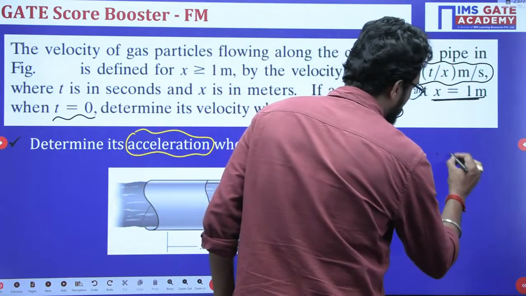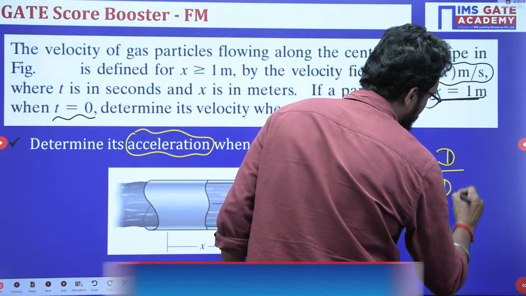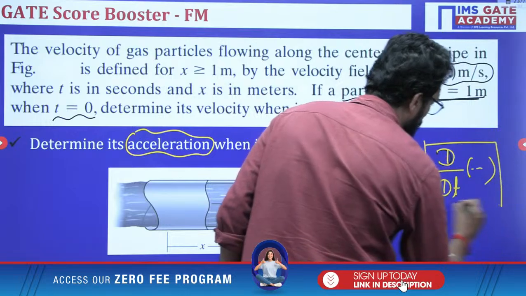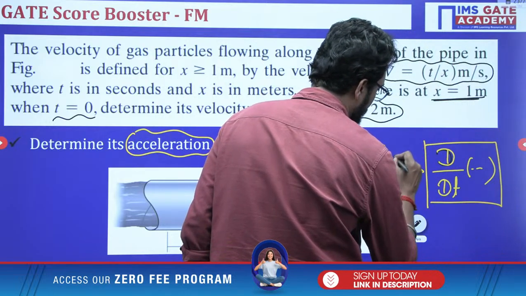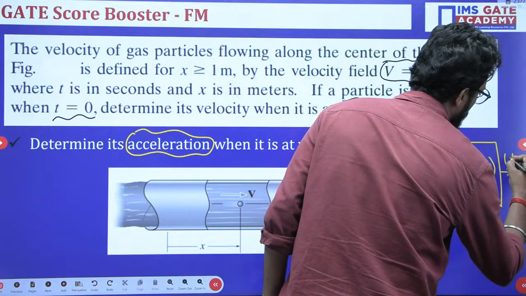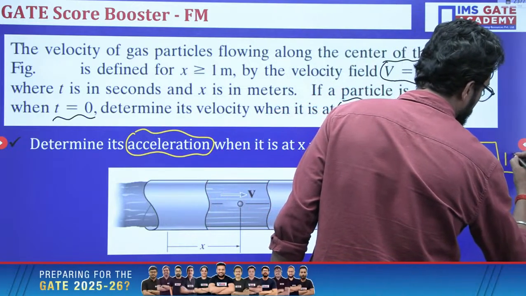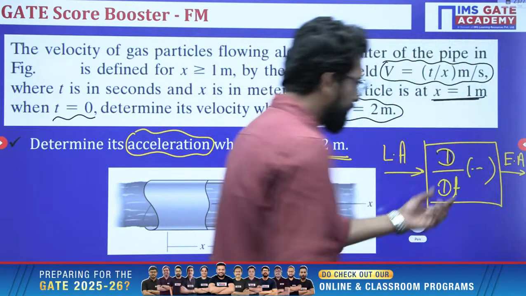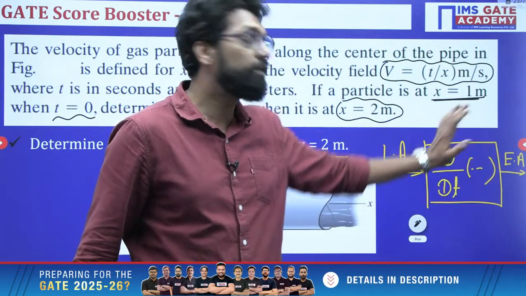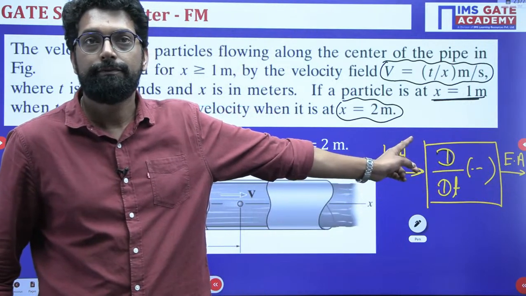So capital D by dt of anything is a tool which converts Lagrangian analysis to Eulerian analysis. This is the concept of the total derivative. This total derivative is a tool which converts the Lagrangian approach to the Eulerian approach.